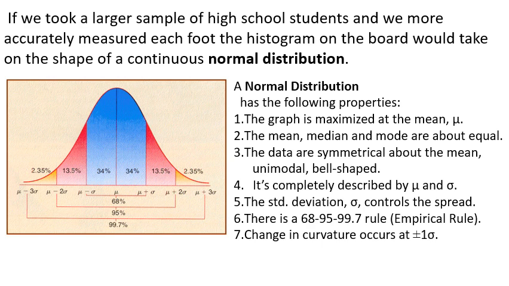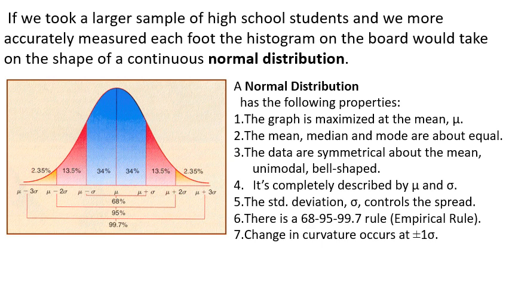And we expect things like foot lengths to follow a normal distribution. There's certain things in nature, certain things in science, certain things in manufacturing that tend to follow a normal distribution.